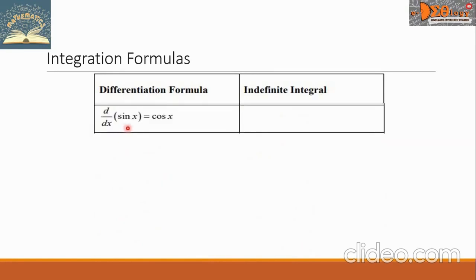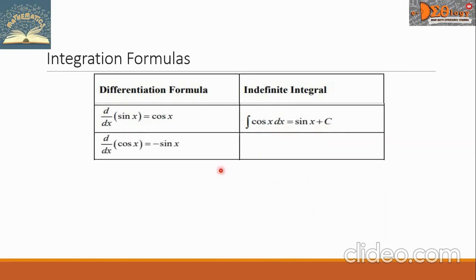The derivative of sine x equals cosine x. Now, the integral of cosine x dx equals sine x plus c. The derivative of cosine x equals negative sine x.